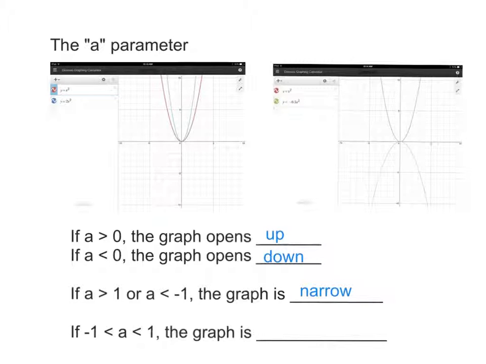But if it's between -1 and 1, so something like 1/2 or 1/3 or 2/3, then the graph is wide. And when I say wide or narrow, I mean compared to the graph of y equals x squared.